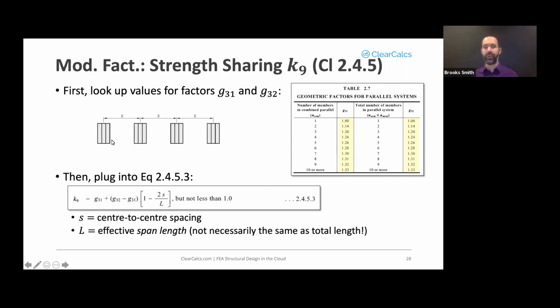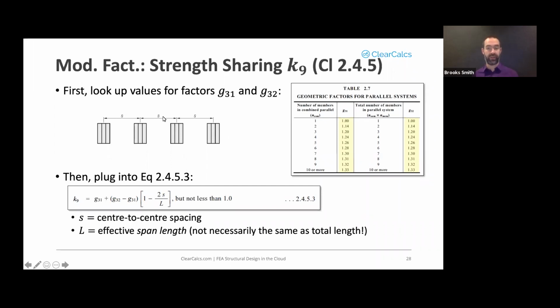So in the example image on the screen here, I have 4 parallel members, so N sub MEM is equal to 4. And each of these has 3 members combined, so N sub COM is equal to 3.